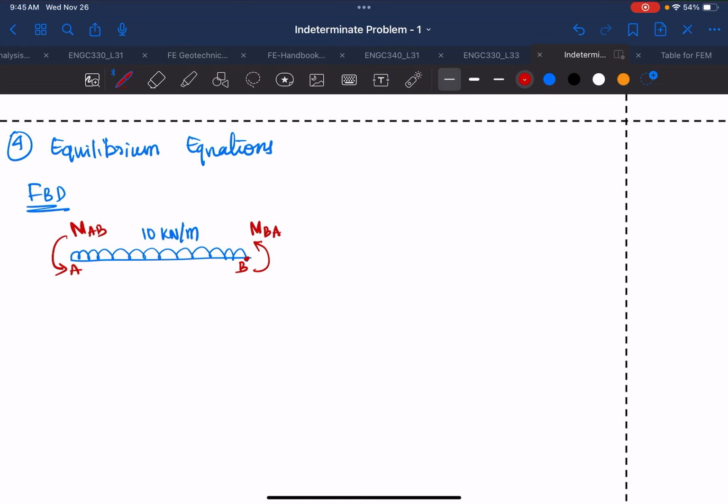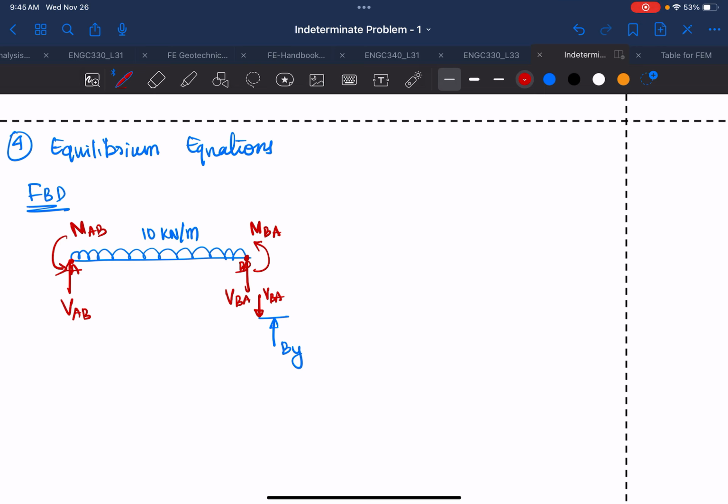Then we take a small cut section because that's where the internal roller support B is. So if we draw all the shear force here, we'll call it VAB, and this is VBA, and because we cut the section just at B, the free body diagram has to be in equilibrium. So this will be your VBA.